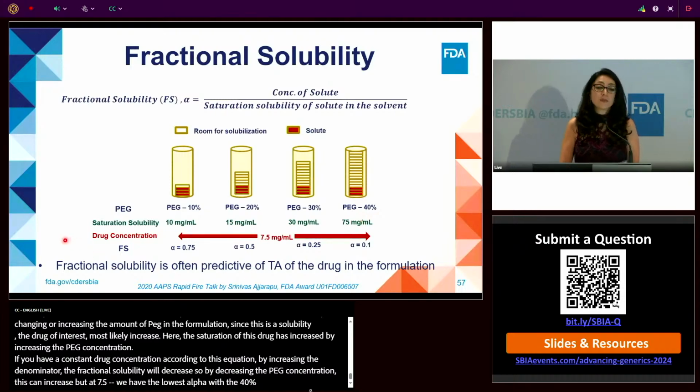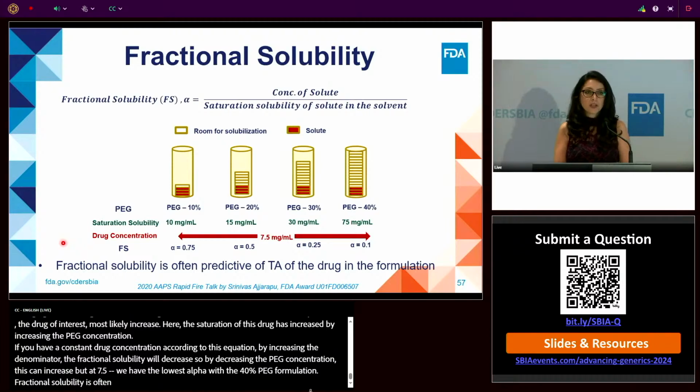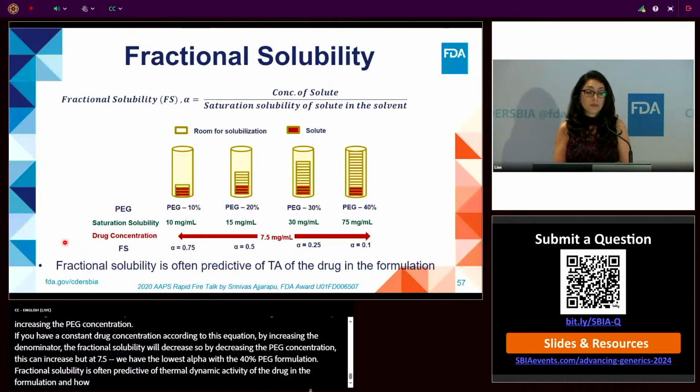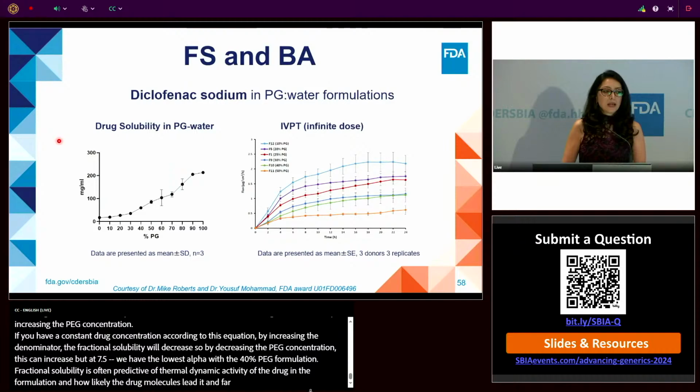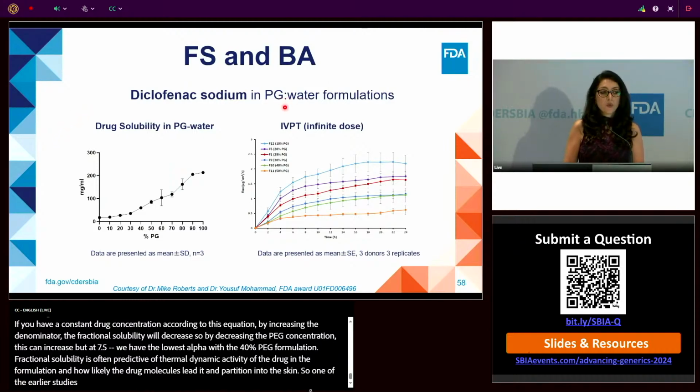Fractional solubility is often predictive of thermodynamic activity of the drug in the formulation and how likely the drug molecules would leave the formulation and partition into the skin. One of the earlier studies that our collaborators did was to make a series of propylene glycol water formulations.